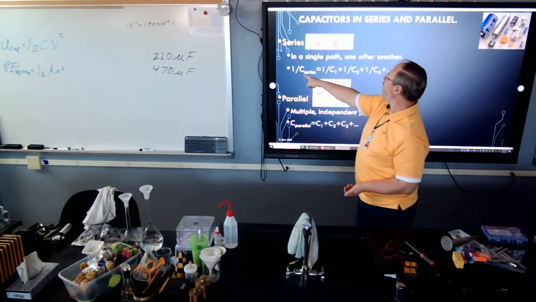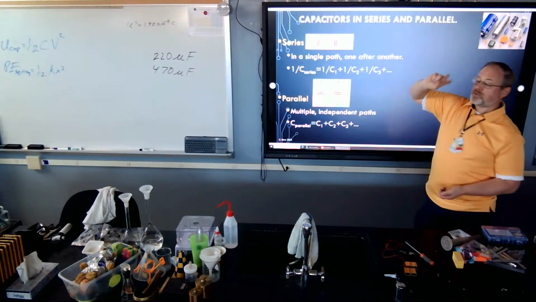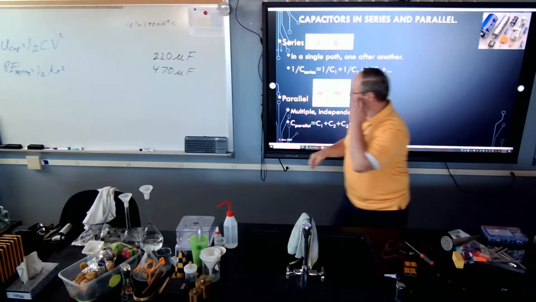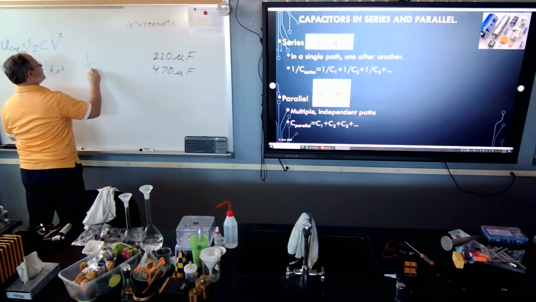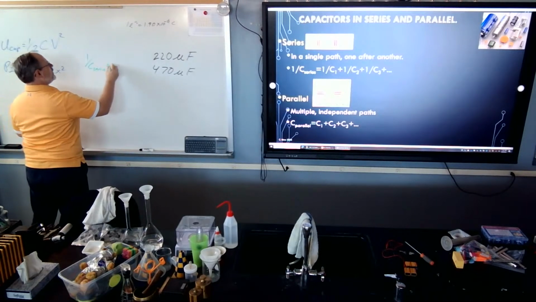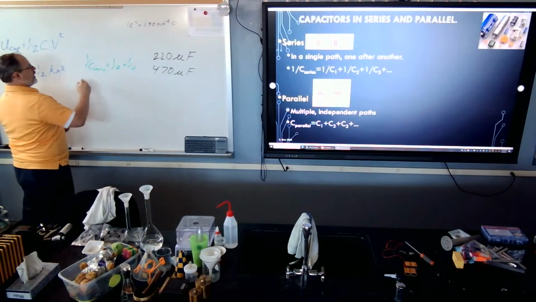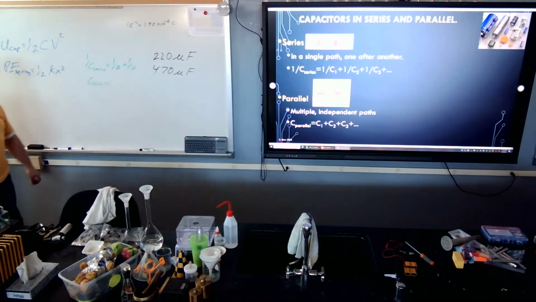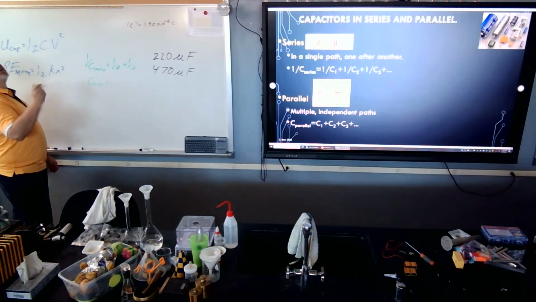The formula is 1/C equals 1 over C1 plus 1 over C2, and so on. So if you had two 2 farad capacitors in series, you would have 1/C series is 1/2 plus 1/2. So how much capacitance would you have if you had two 2 farad capacitors in series?